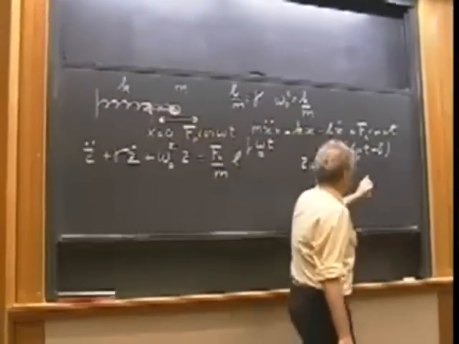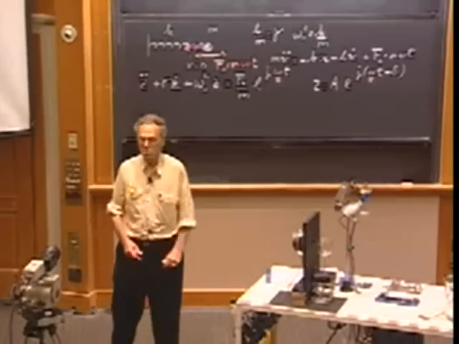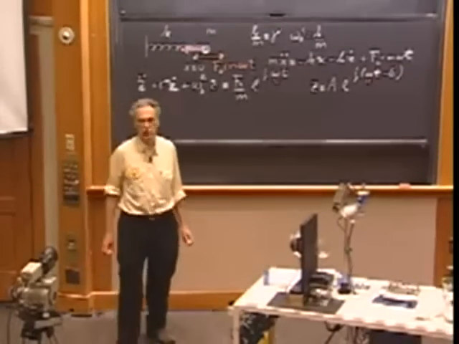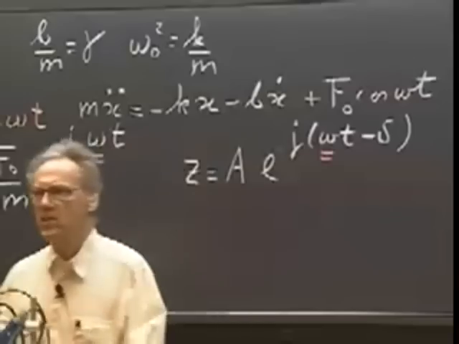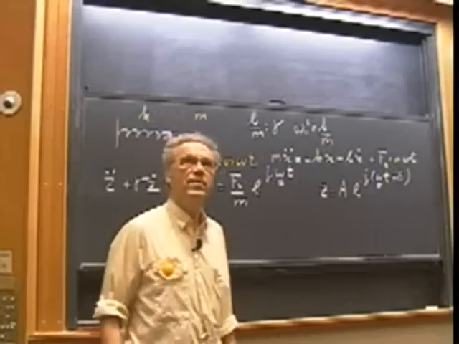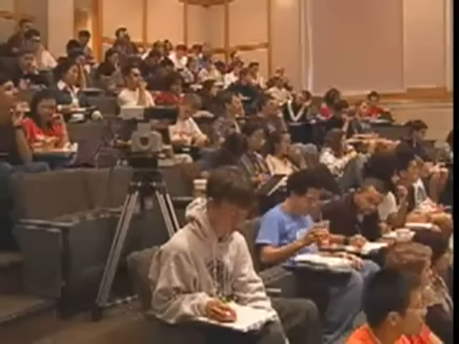And what is the meaning of this delta? Well, it is not at all obvious that the object will be in the same phase as the driver. It is possible that when the force is pointing in this direction, the object may be going in the other direction. And you will see that indeed can happen. So this delta is a phase angle which takes into account the possibility that the driver and the object in their motion are not exactly in phase.